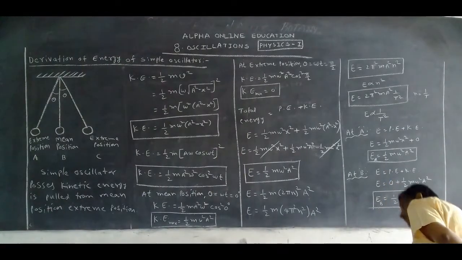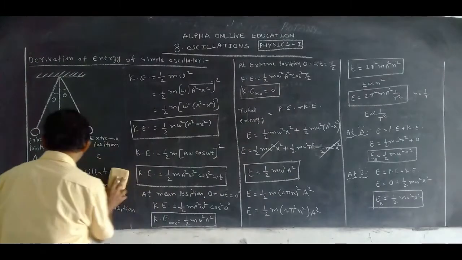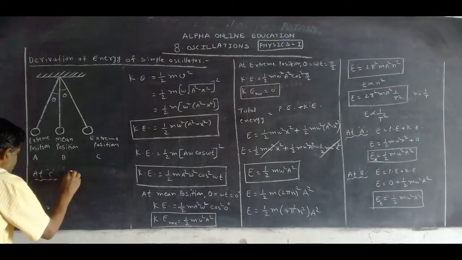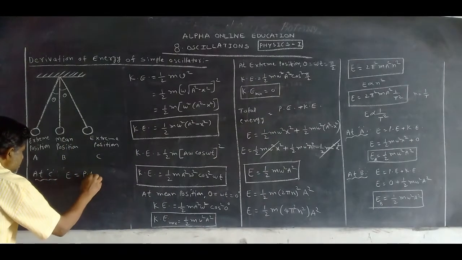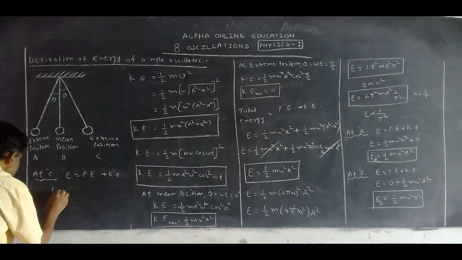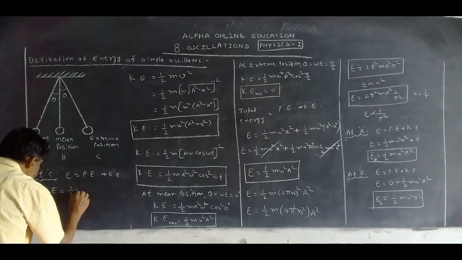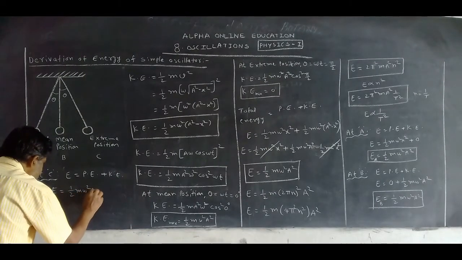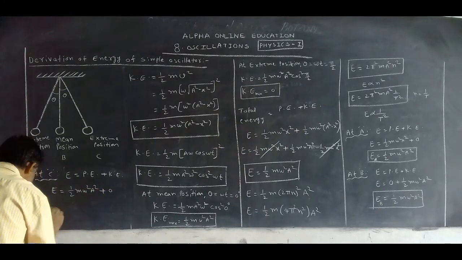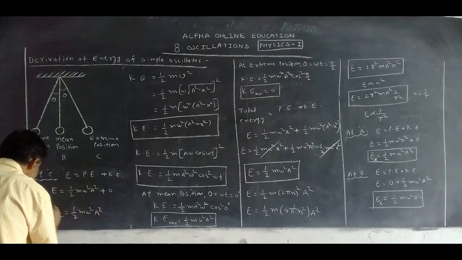A, B is complete. Next one. Let us see. E is equal to potential energy plus kinetic energy. What about potential energy? Half m omega square a square plus 0. Then what about EC? Half m omega square a square.